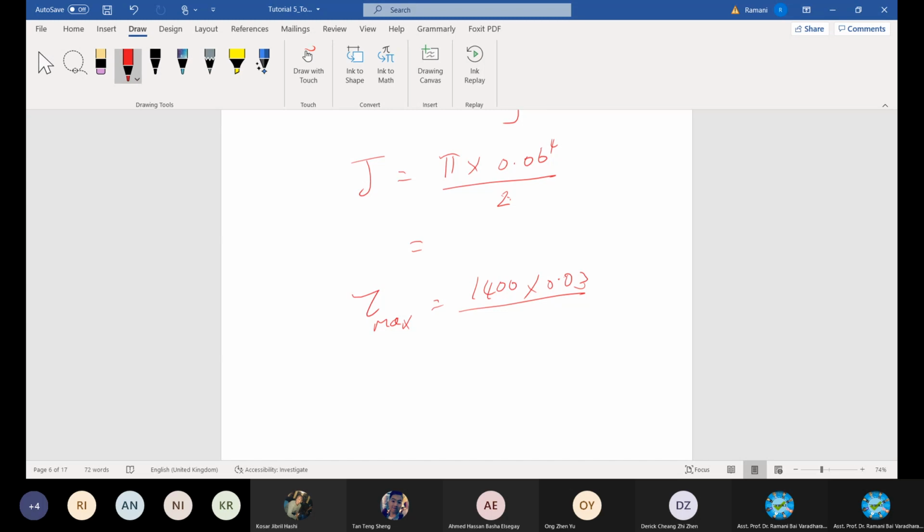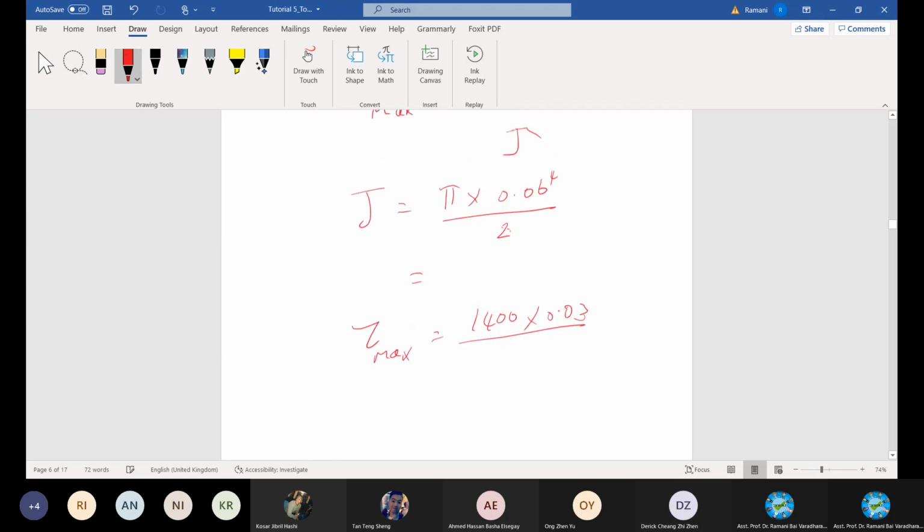divided by the polar moment of inertia. How much is the value? Please help me. How much is the value of the moment of inertia? We are talking about shear stress. I have given you the polar moment of inertia value.